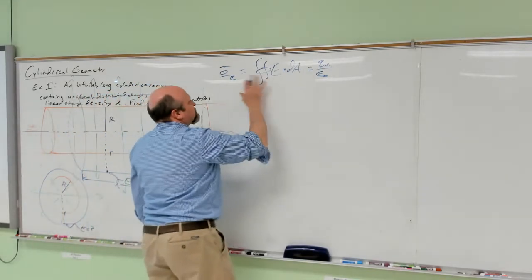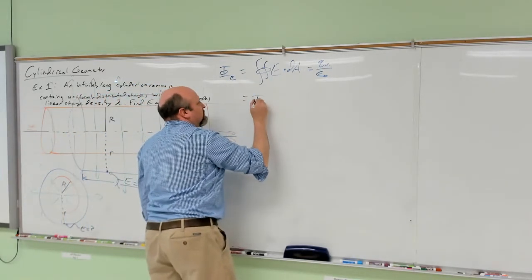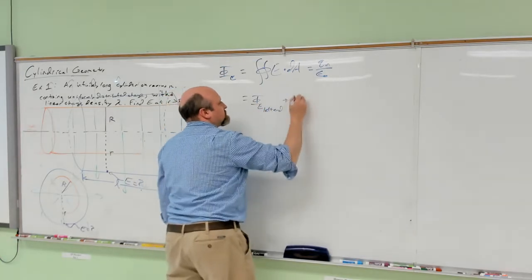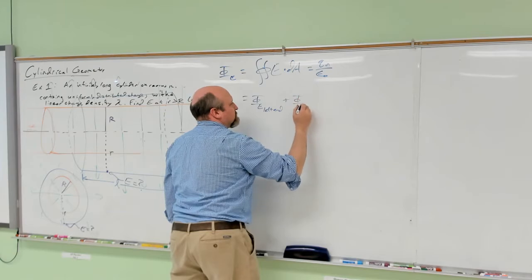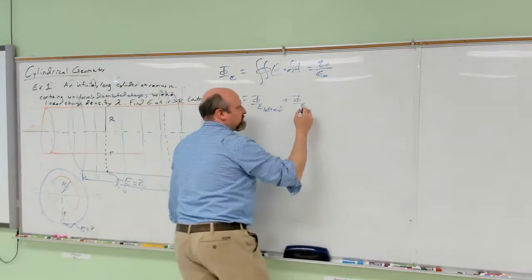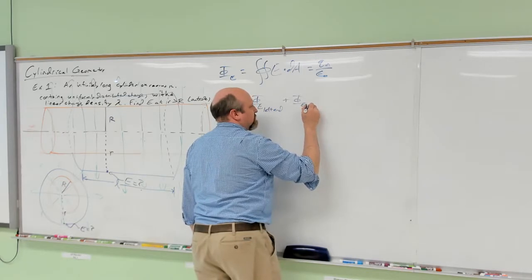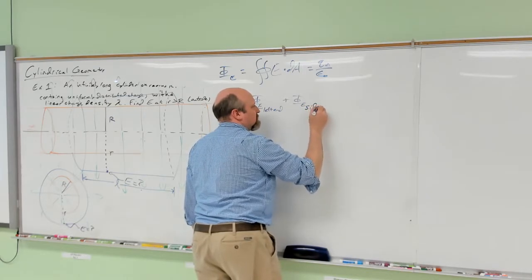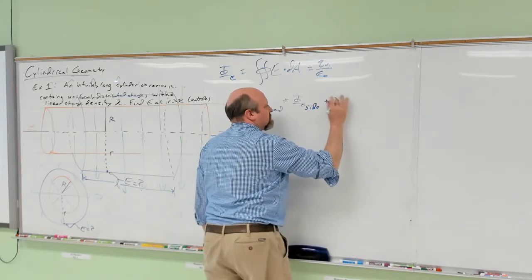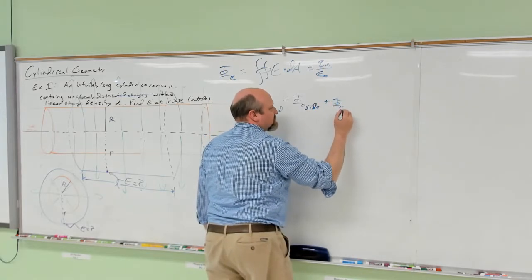So I'm going to split this flux up into 3 chunks. The flux out the left end, plus the flux out the side of the cylinder, that curved side of the Gaussian cylinder. And then my electric flux out the right end.